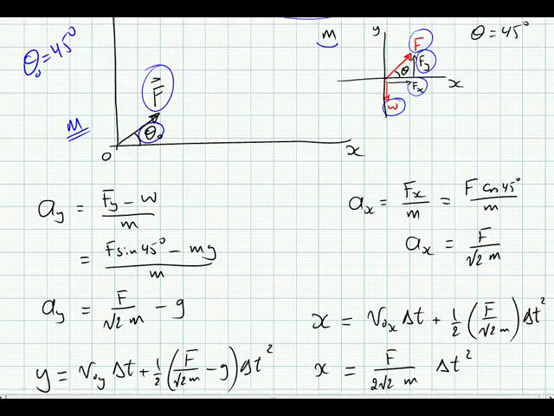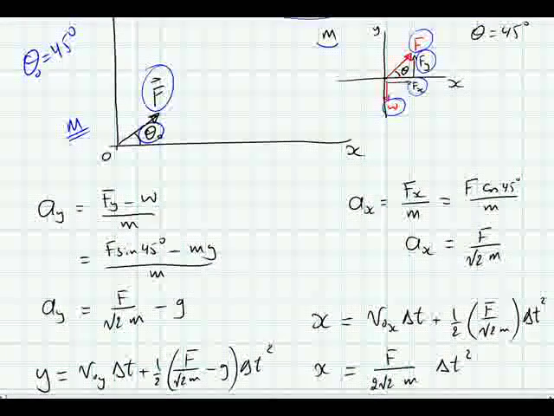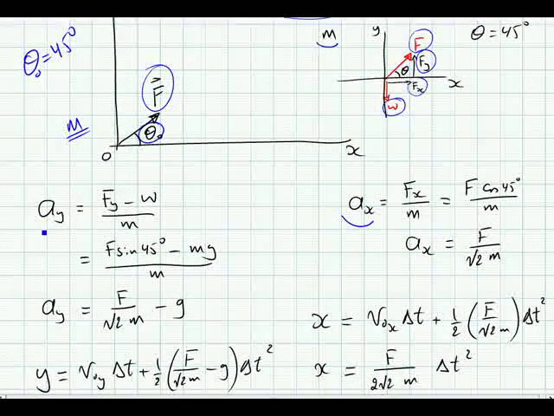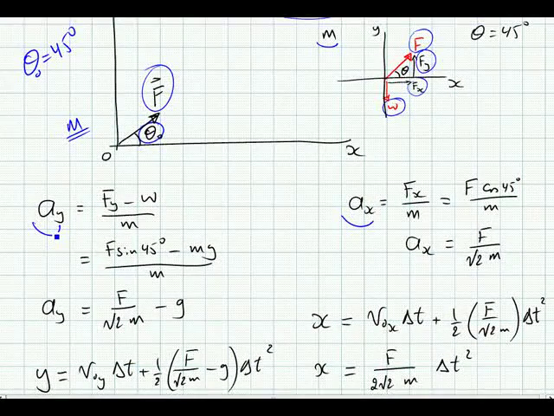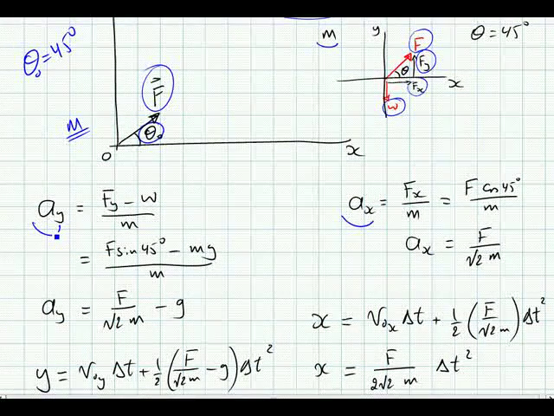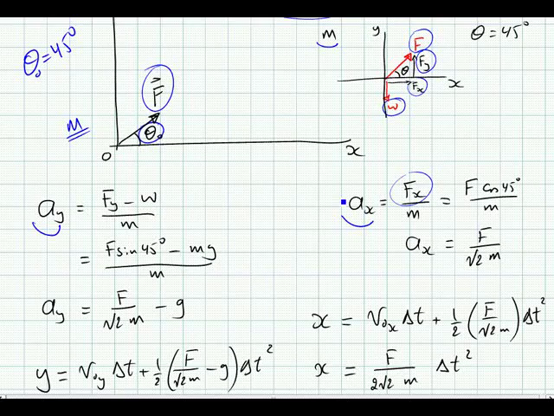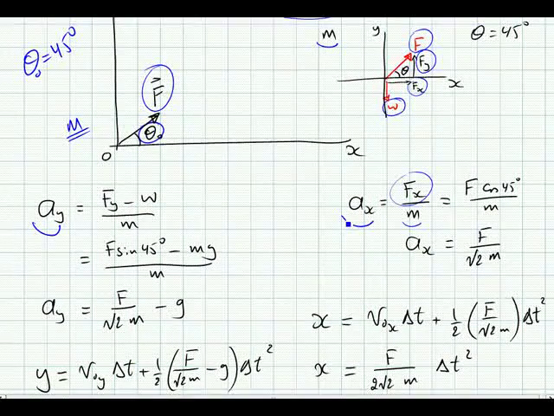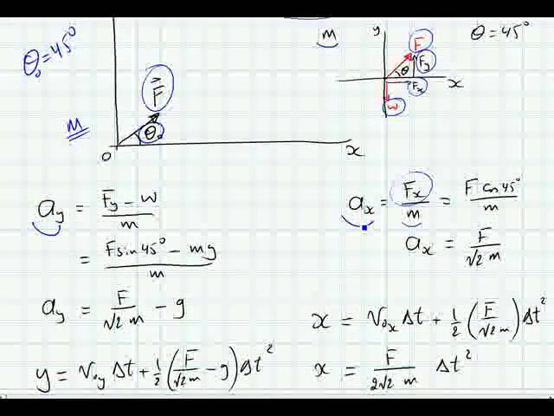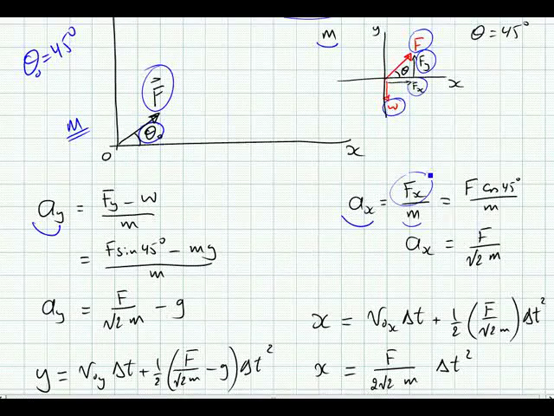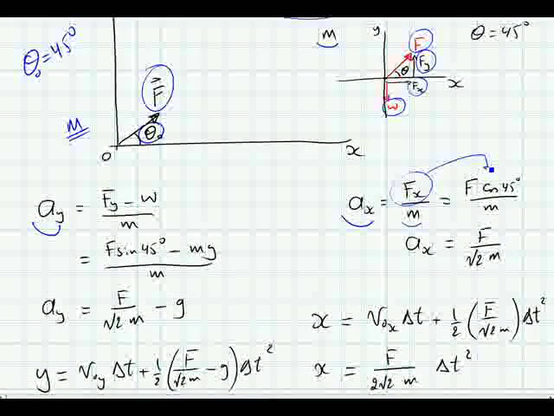Now our next task is to find acceleration along the x-axis and the y-axis acting on the object. The x-axis is simple: the only force along the x-axis is Fx, divided by m gives us our ax, and looking at our free body diagram, Fx is nothing more than F cosine of 45 degrees.